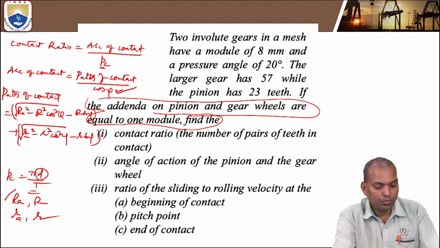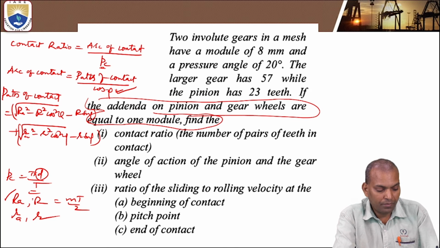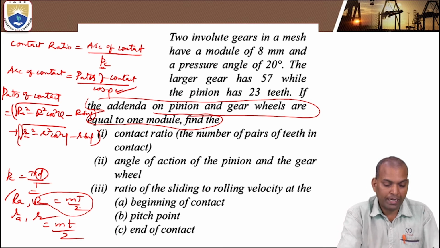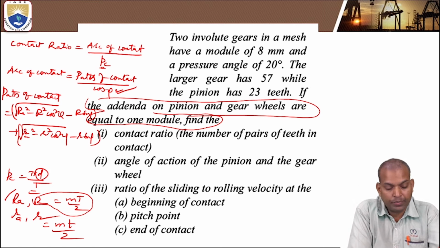Capital R equal to m into capital T by 2, and small r equal to m into small t by 2. We know capital T and small t, the number of teeth on gear and pinion.